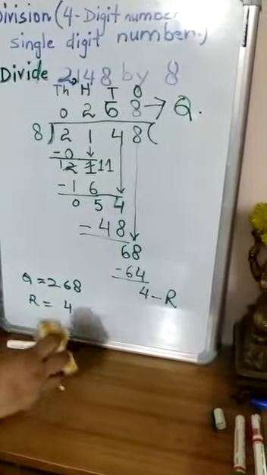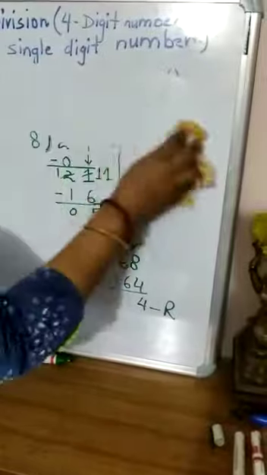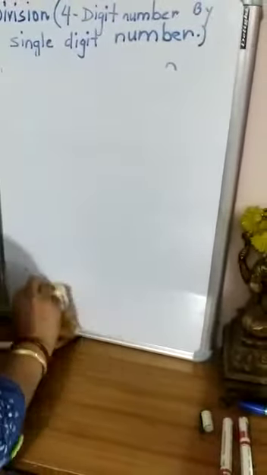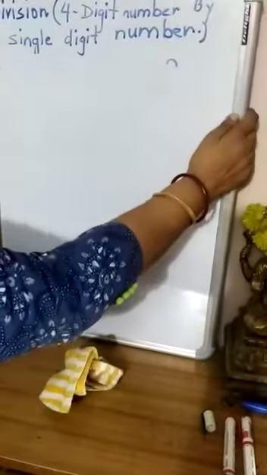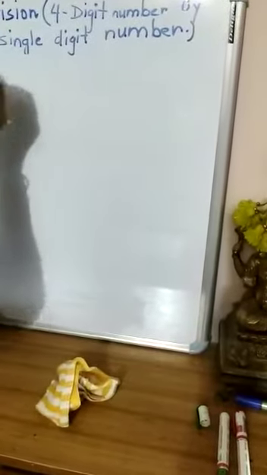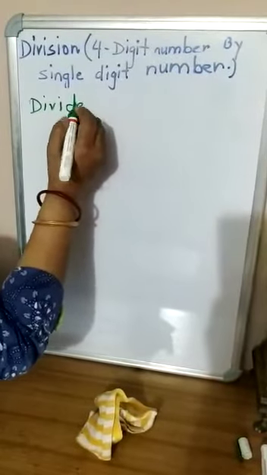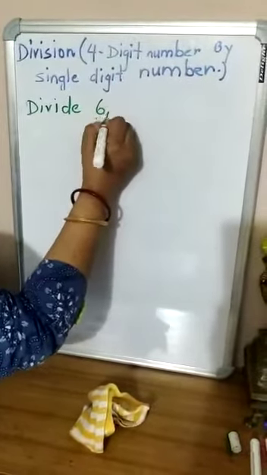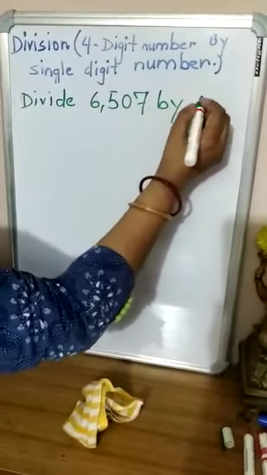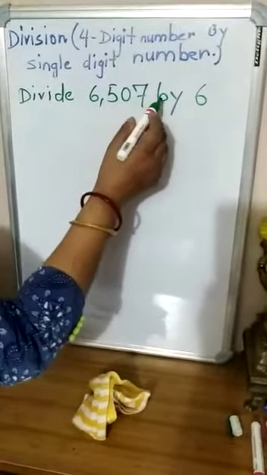Now children, let us take another example. Divide 6507 by 6.